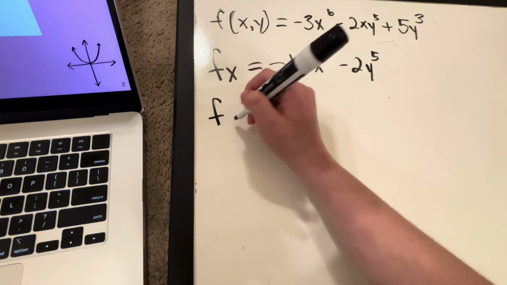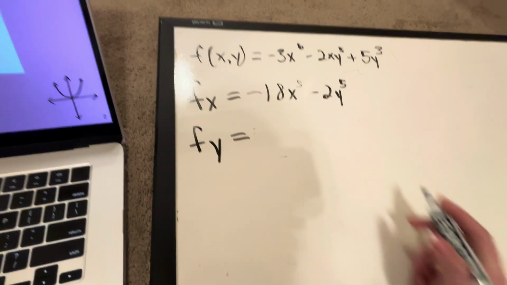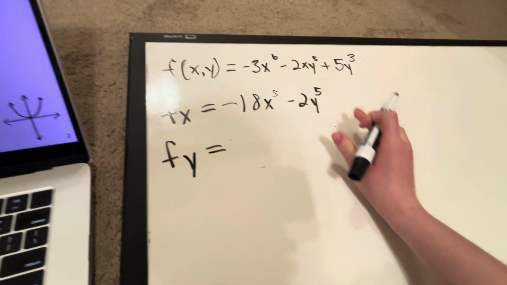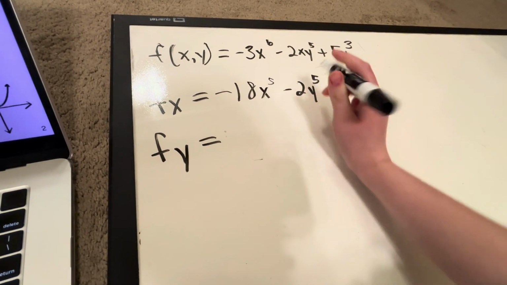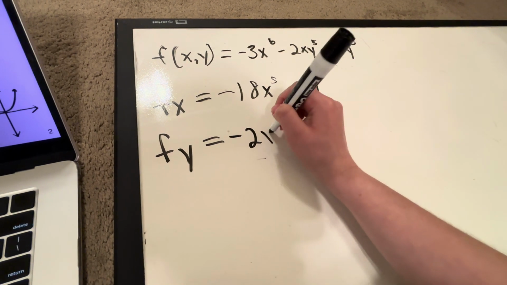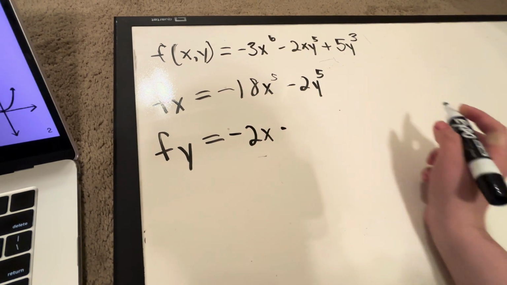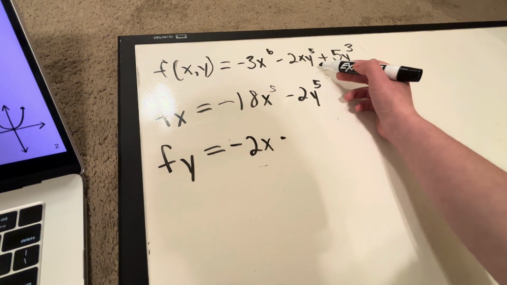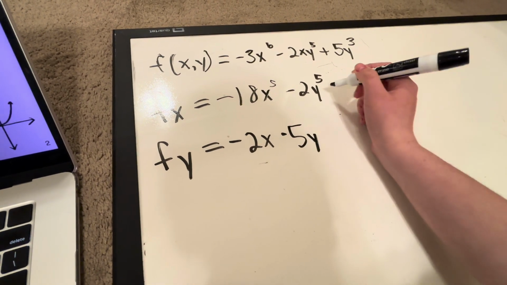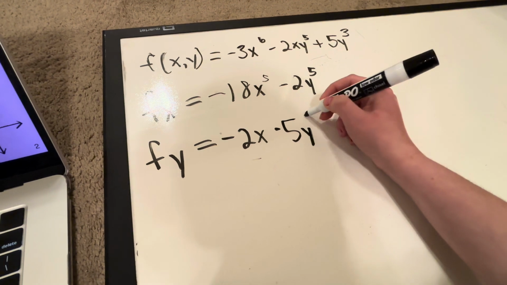Now we're going to take f of y. So again, we're not going to be taking this one because it is not applicable. Now for this one, we're going to leave the negative 2x and put a multiplication sign right there and take the derivative of y to the 5th, which will be 5y, and then 5 minus 1 is 4.